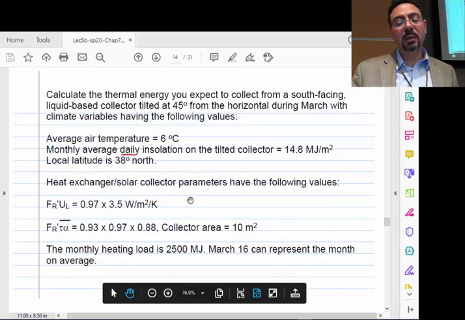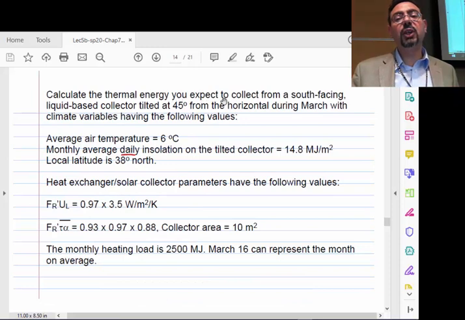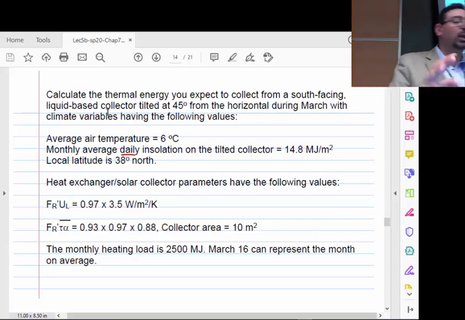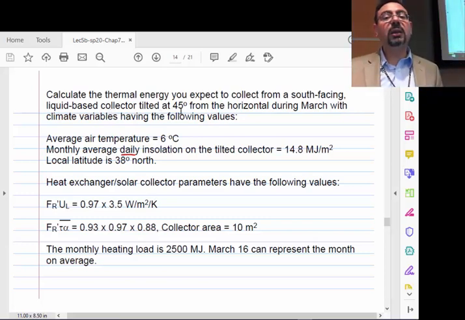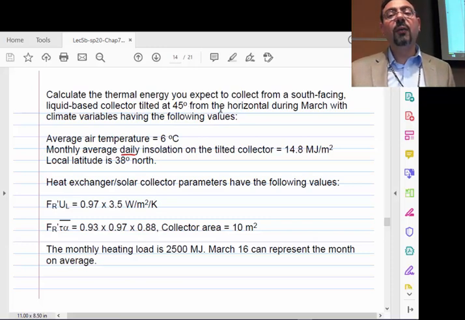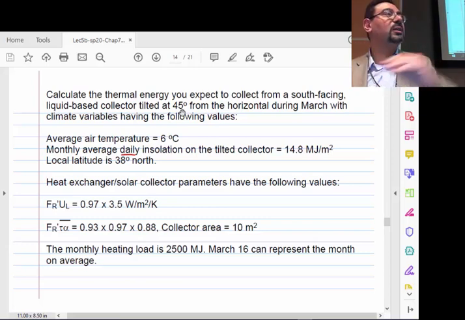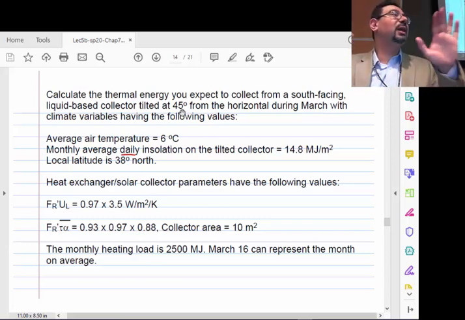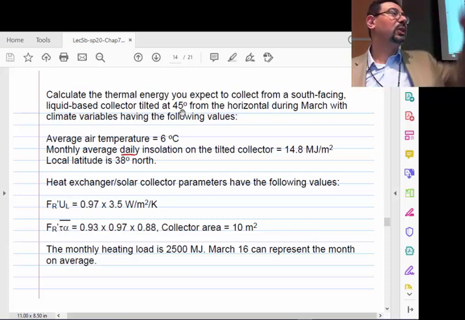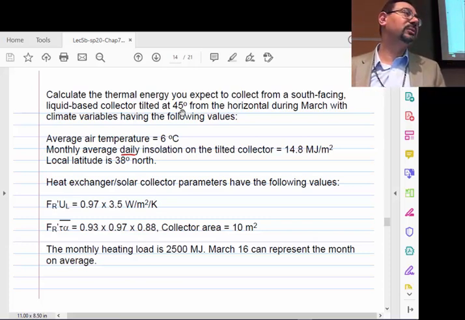So here is an example. Calculate the thermal energy you expect to collect from a south facing liquid based collector tilted at 45 degrees from the horizontal during March. Use the chart for the liquid, don't use the chart for the air. So for south facing and 45, open the chart for Tulsa and look for fixed collector at latitude tilt, so that you will find the incident radiation, the monthly average daily radiation.